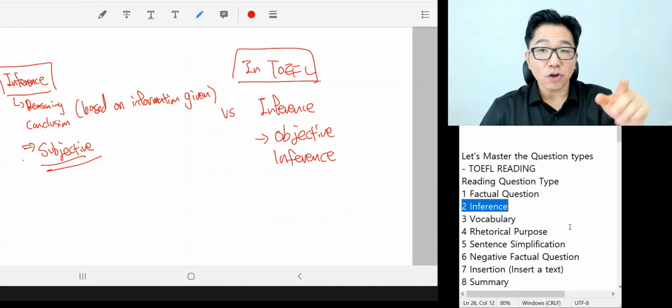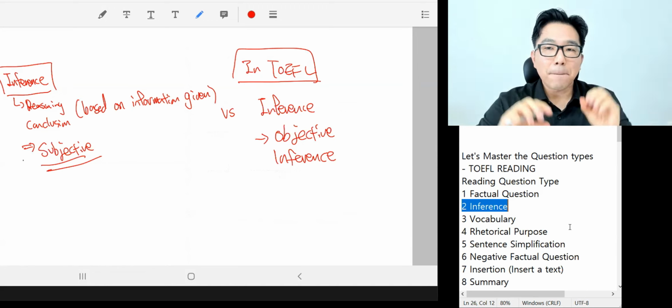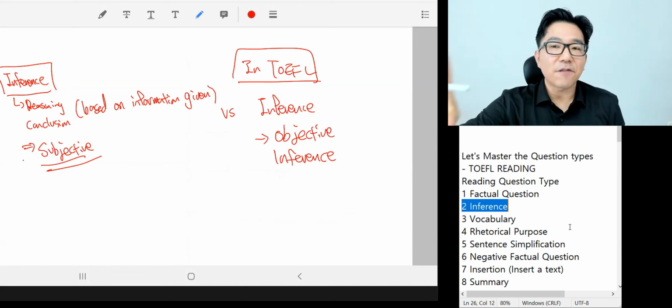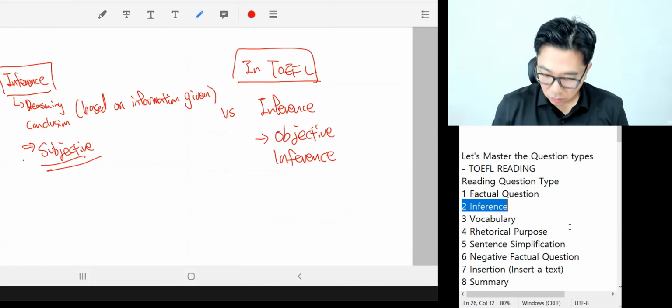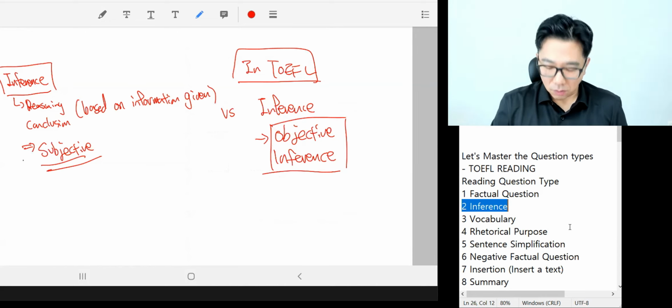When you choose an answer, yep, this answer is right 100% based on this information in the passage. Okay. So we're looking at objective inference, not subjective inference. Okay. All right. So what do we need to do?